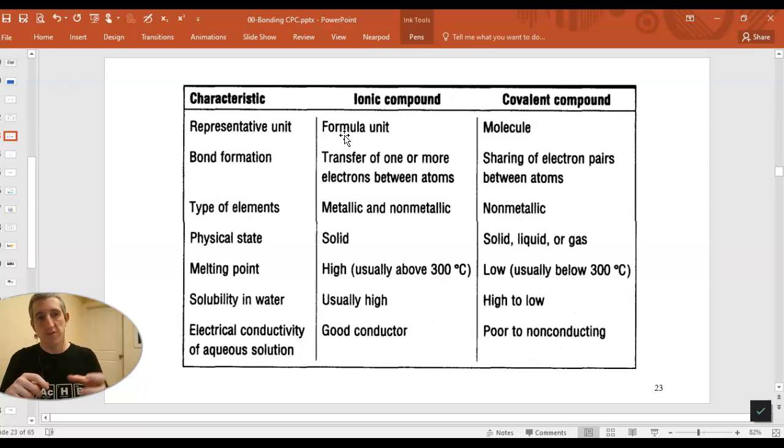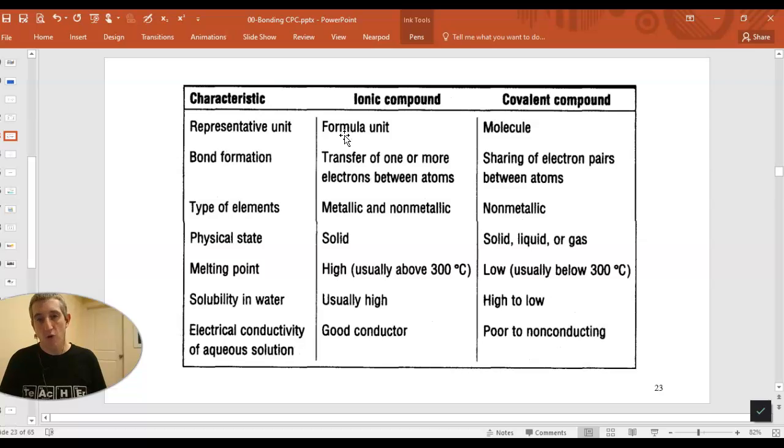It's actually a whole bunch of sodiums with a whole bunch of chlorides that go on and on and on, as opposed to an individual molecule of, say, carbon monoxide, one carbon, one oxygen bound together, that can exist by itself, as opposed to one sodium, one chloride, which will not exist by itself. It's going to be surrounded by many other sodium cations and many other chloride ions.